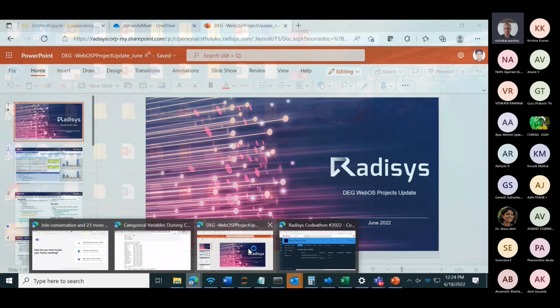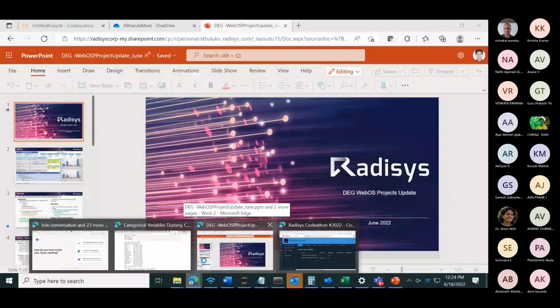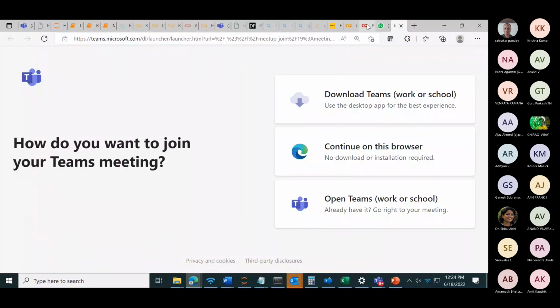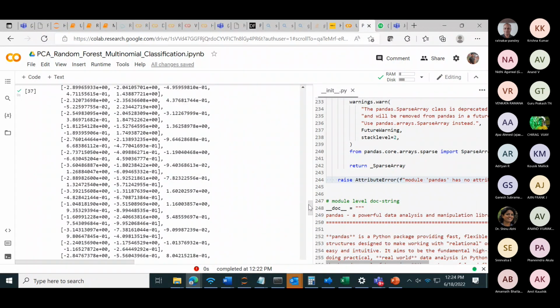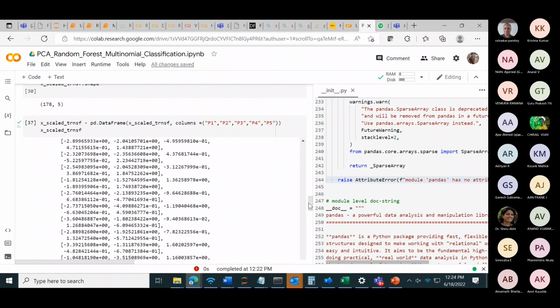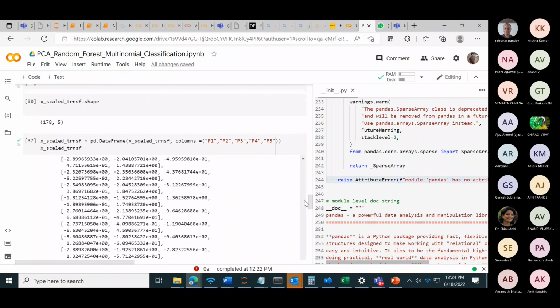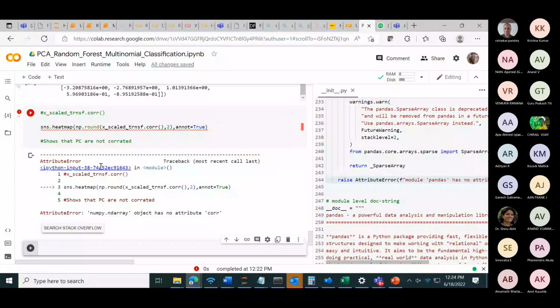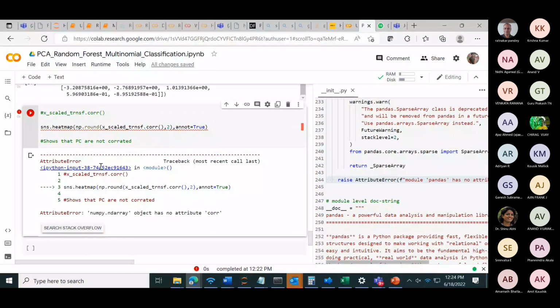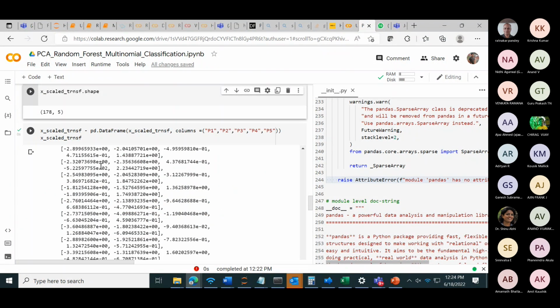Now you can go to your code. Go up, go up, go up. No, previous one. Yeah.